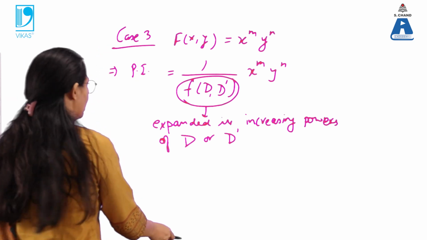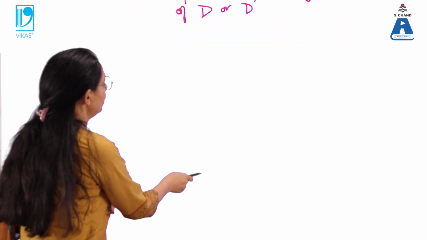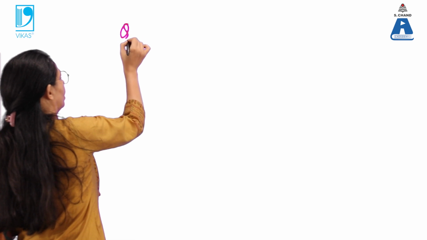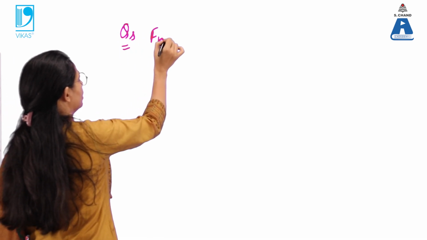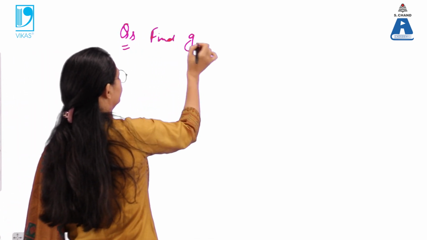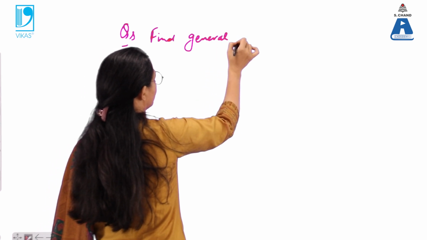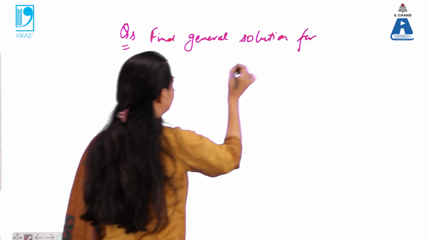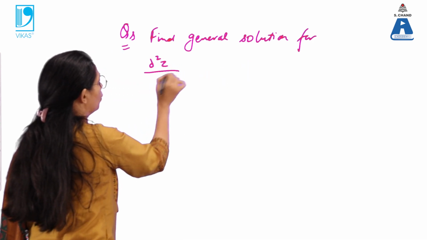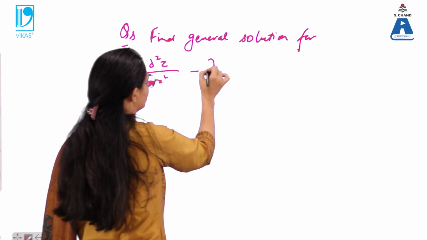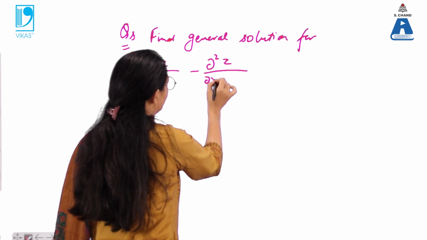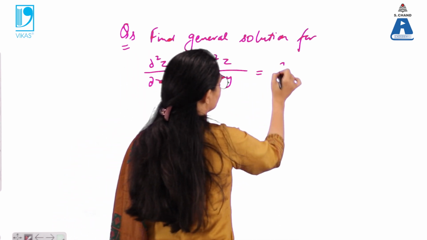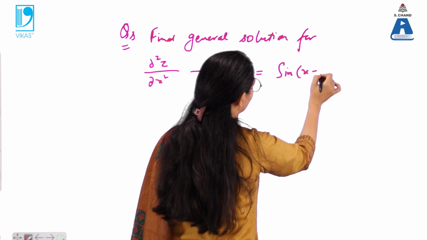Now we can make it more clear by taking one example. Find the general solution for del squared z over del x squared minus del squared z over del x del y is equal to sine of (x minus 2y).